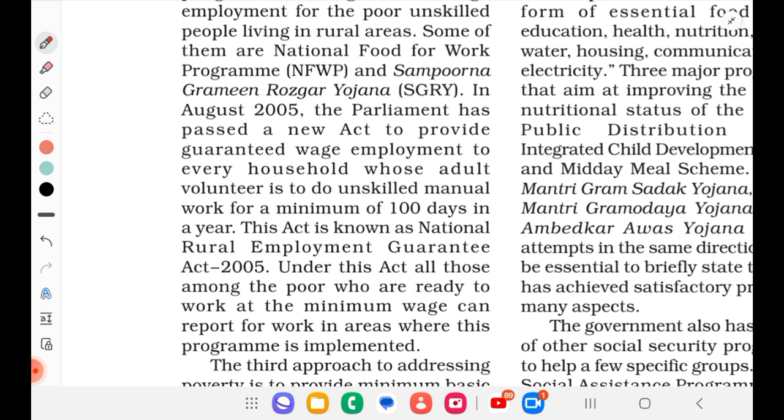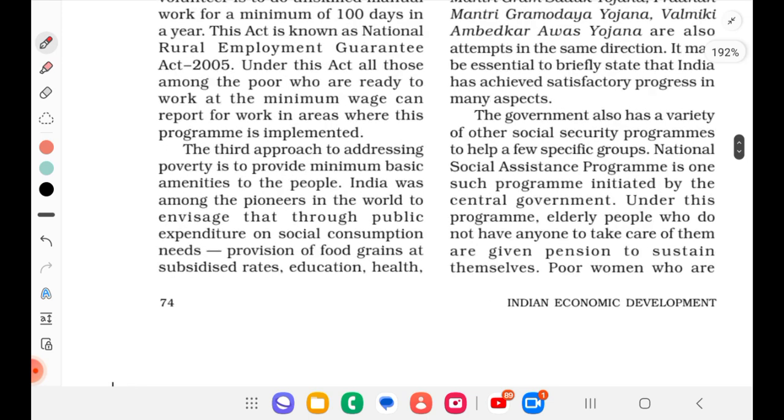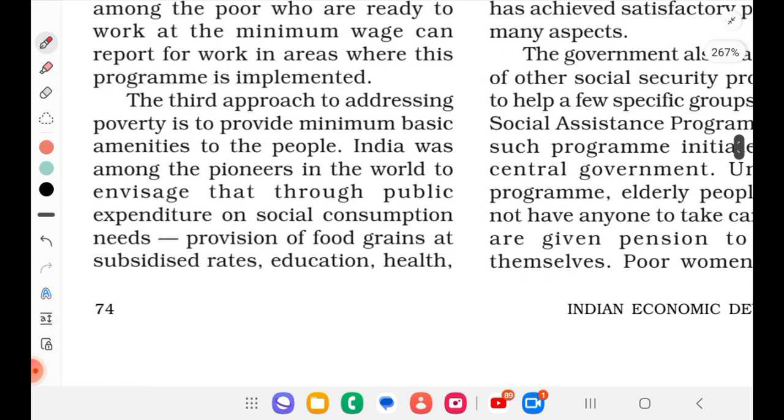Under this act, all those among the poor who are ready to work at a minimum wage can report for work in areas where this program is implemented. The third approach to addressing poverty is to provide minimum basic amenities to the people.